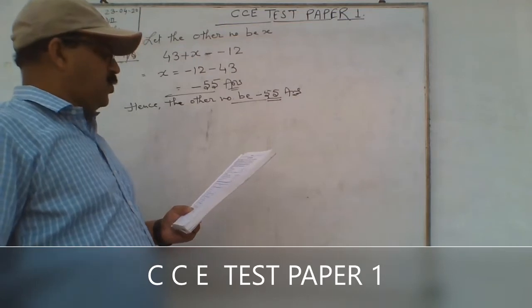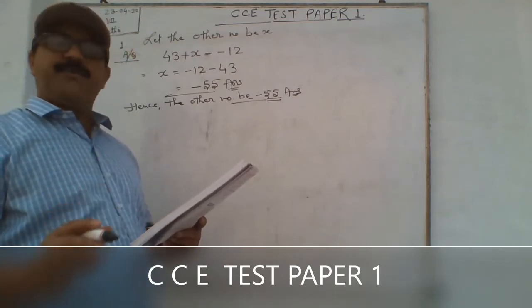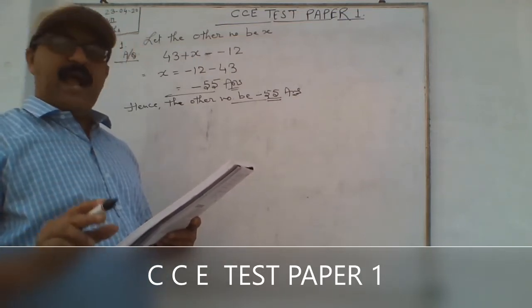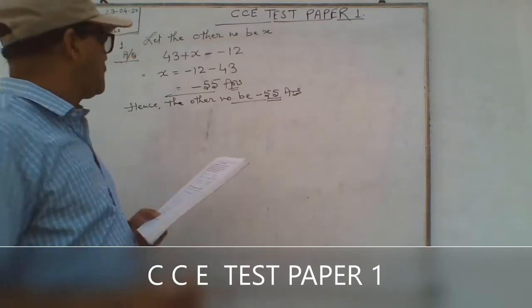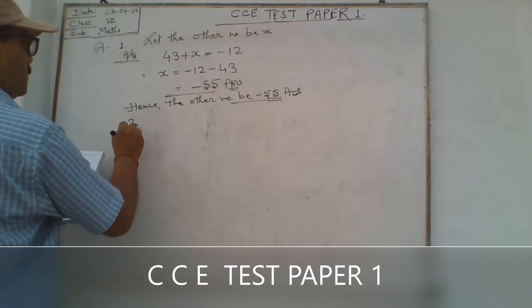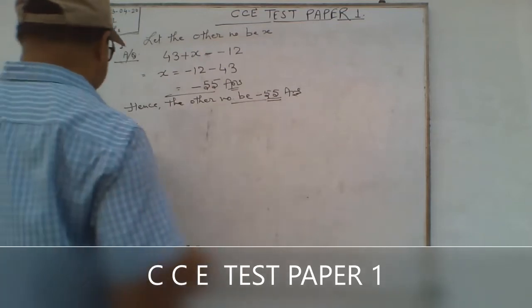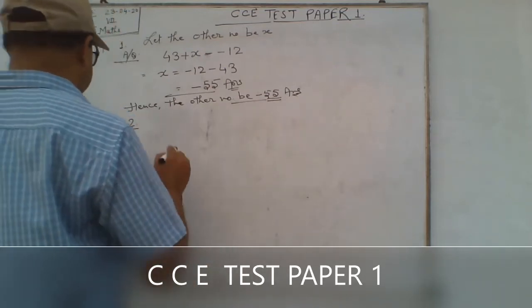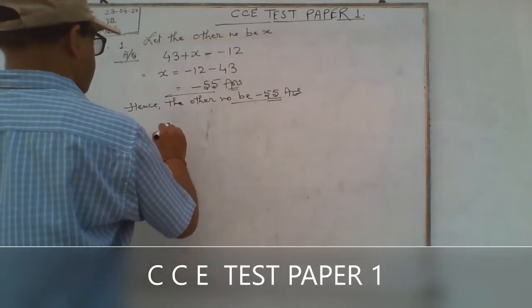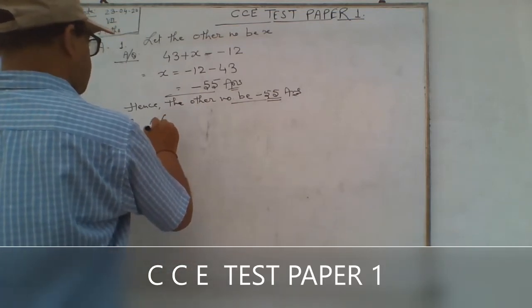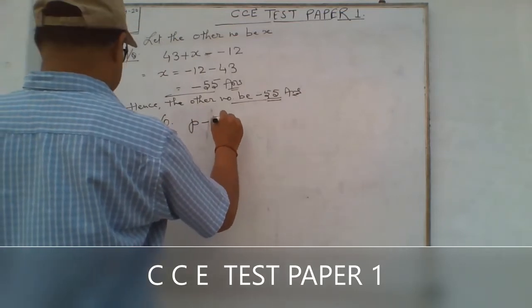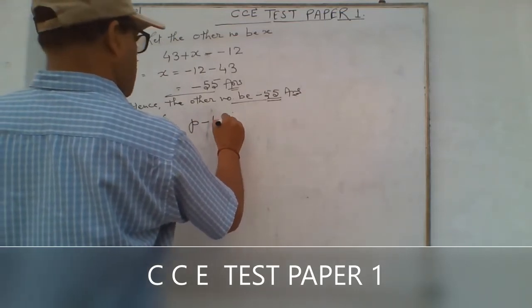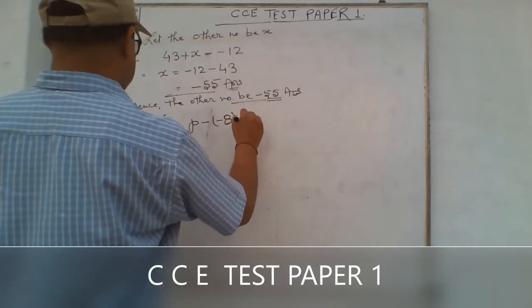Now, question number 2. The difference of an integer p and minus 8 is 3. Find the value of p. The equation is here. The difference of an integer p and minus 8 is 3.